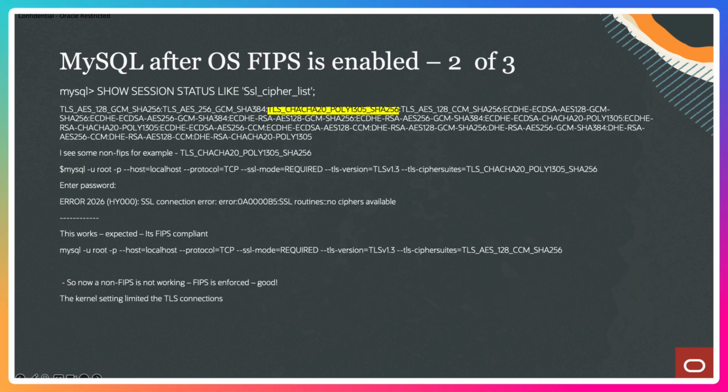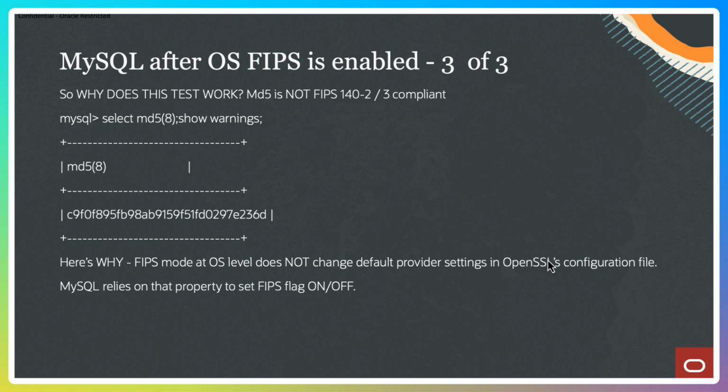Say after I've set the OS FIPS mode, I run a test using a non-FIPS based TLS cipher, ChaCha20-Poly1305 SHA-256. It's going to fail, and if I use a FIPS compliant cipher, it'll work. So that's what I would expect.